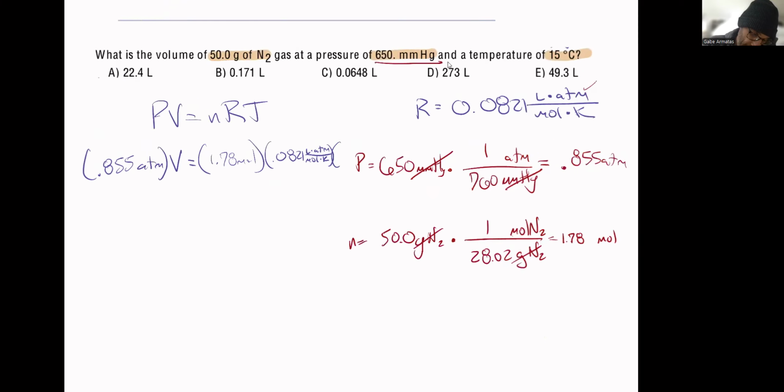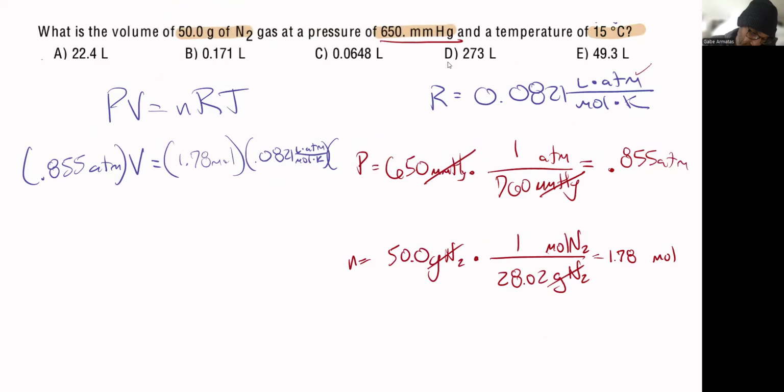And then finally, my temperature was 15 degrees Celsius, 15 degrees C plus 273, right? We always have to do that as well. Always has to be in Kelvin, 288 K. We can plug that in, 288 Kelvin. Done.